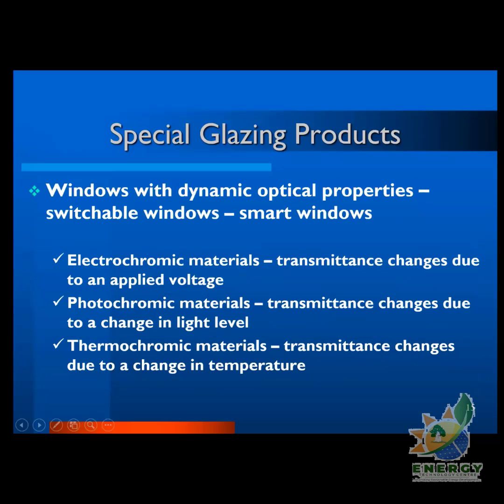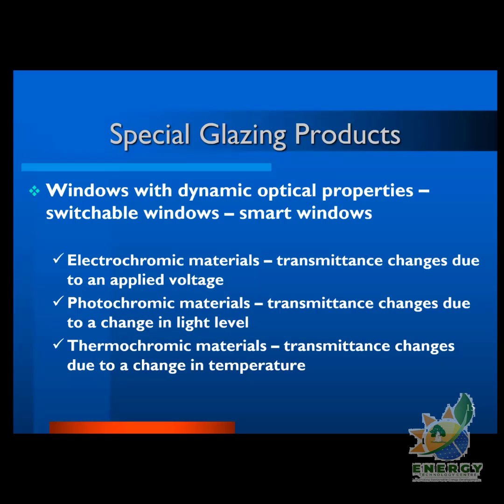Now, windows with dynamic optical properties, switchable windows or smart windows, are also possible to be used. So you have electrochromic material, whose transmittance changes due to an applied voltage.